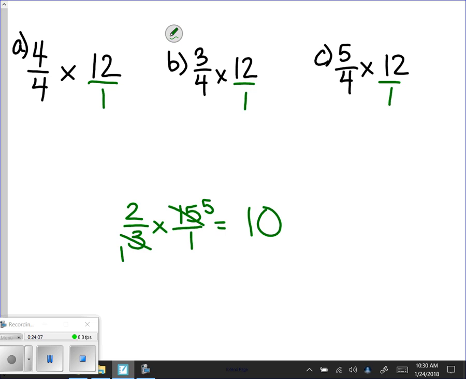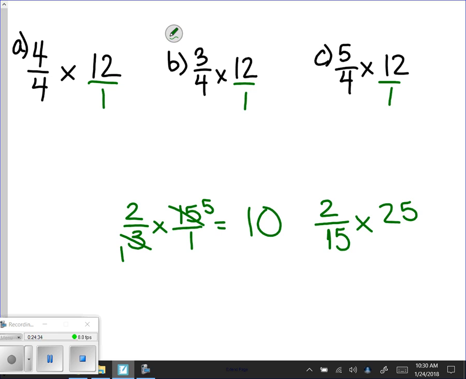So if I had like 15 times 25, well, I don't want to multiply that or divide that. 15 can't go into 25, but do they share a number?